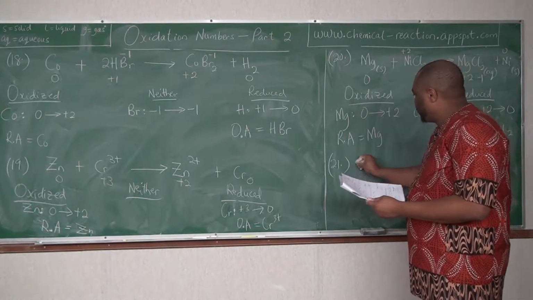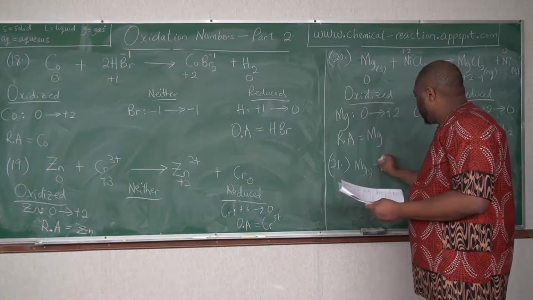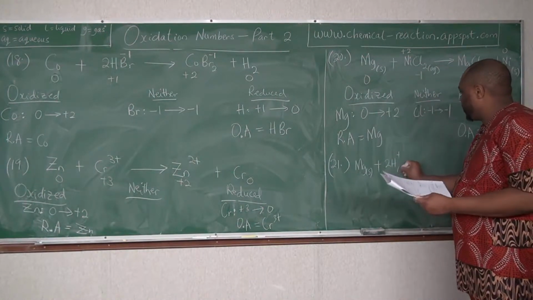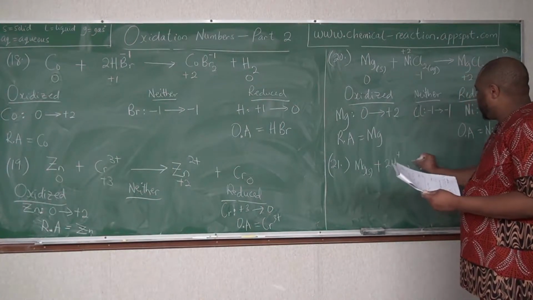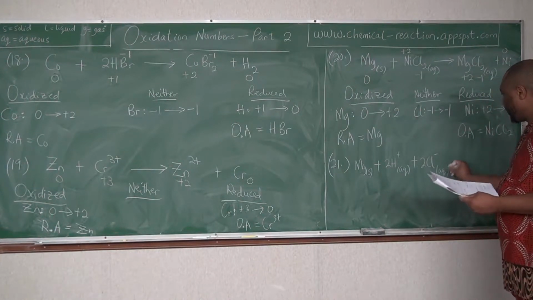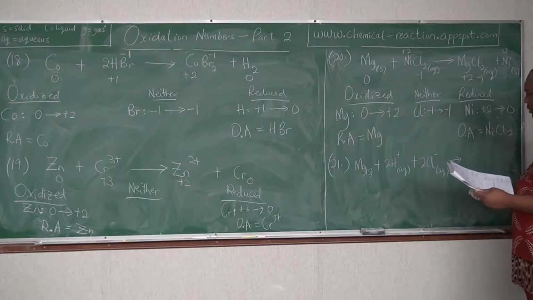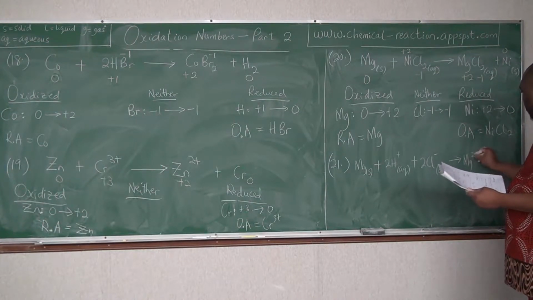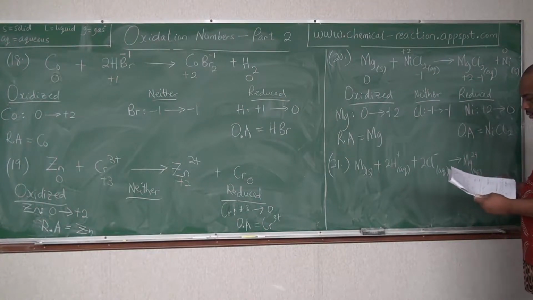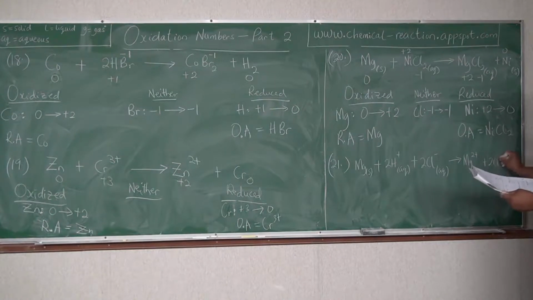So we have solid magnesium reacting with 2 moles of aqueous hydrogen ion and 2 moles of aqueous chloride ions, to give aqueous magnesium ion, plus 2 moles of aqueous chloride ions, plus hydrogen gas.